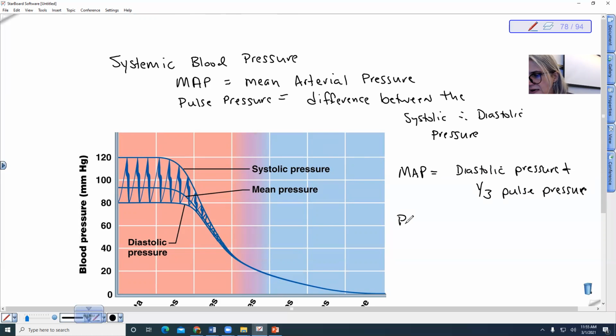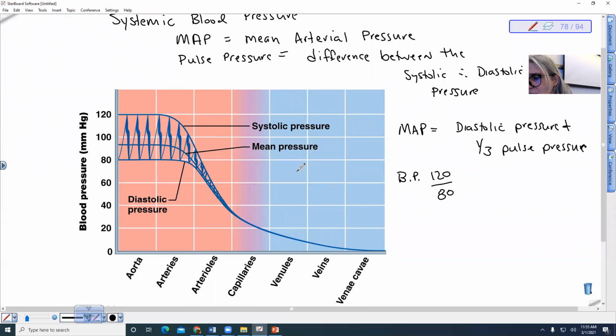Okay, so let's do one of these. Blood pressure is 120 over 80. What is my pulse pressure? That would be 120 minus 80, so my pulse pressure equals 40, and that would be in millimeters of mercury.